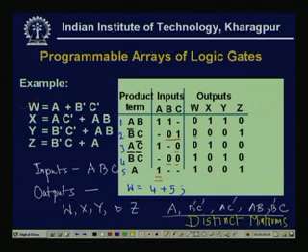So output W is ORed and the 2 inputs are 4 and 5, meaning B dash C dash and A.